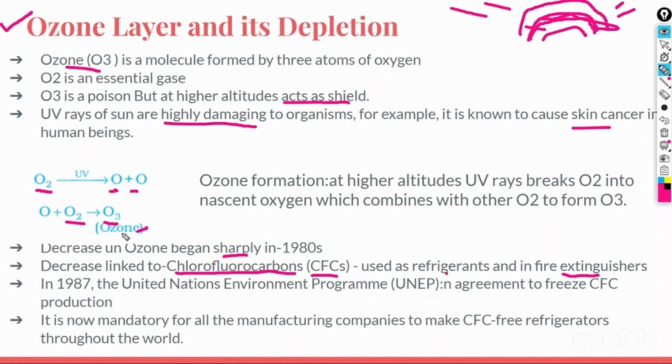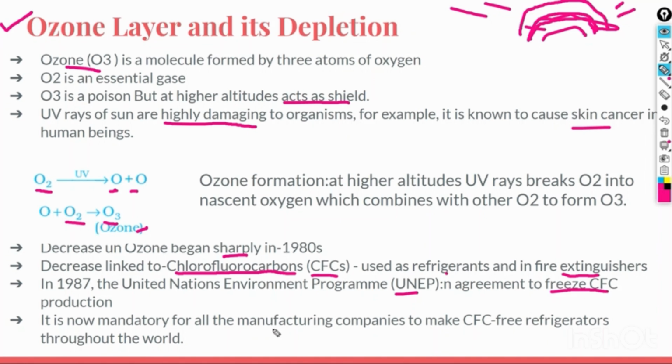So in 1987, the United Nations Environment Program, which is the UNEP, gave us an agreement to freeze the use of CFC. They said that if we need to stop this ozone depletion, we need to freeze or stop CFC production. We should not use CFC.